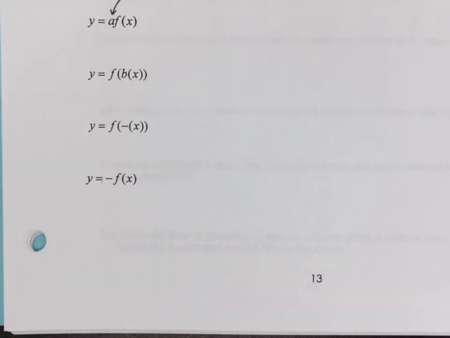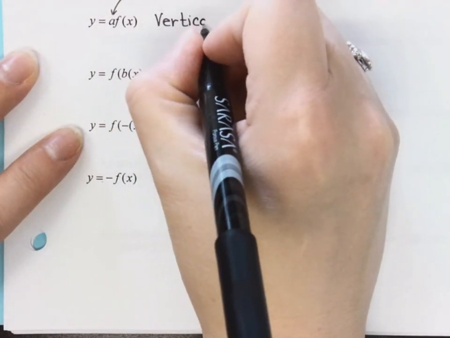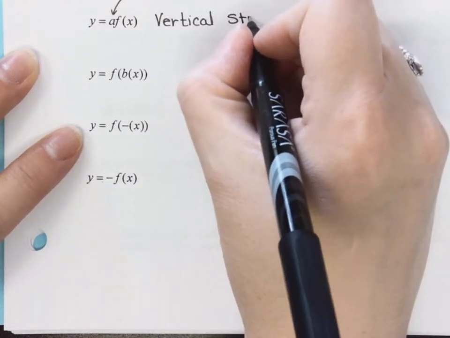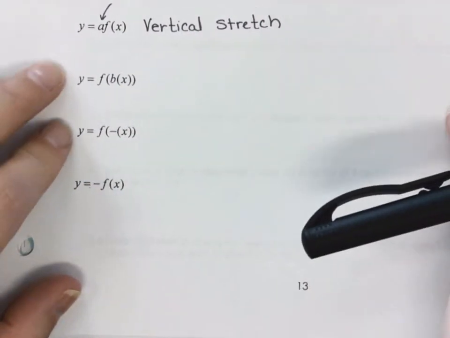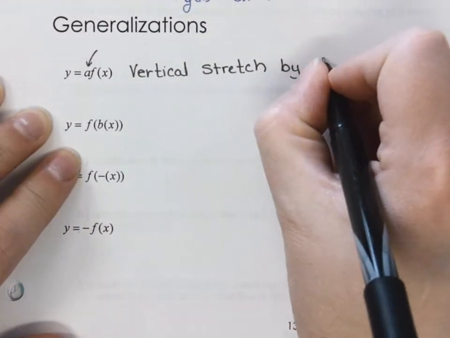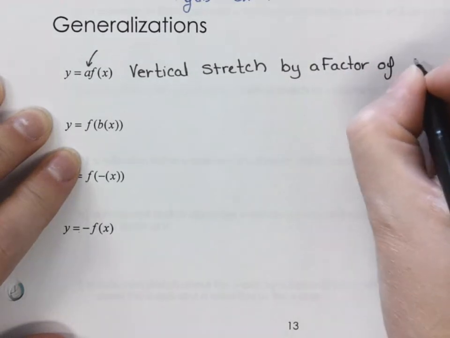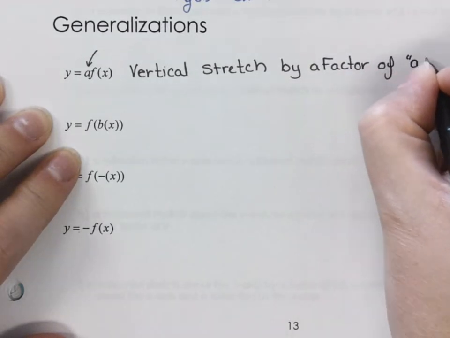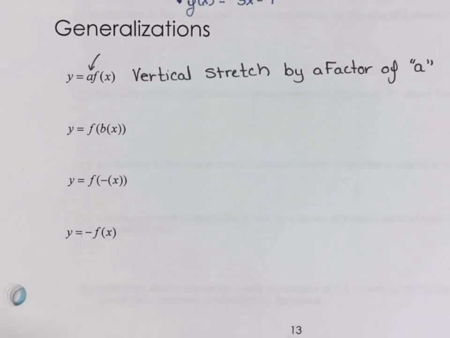If my y values are times by 3, it is a vertical stretch. That's the type of transformation. It's a vertical stretch by a factor of a. I just don't know what a is. It could be any number, right?